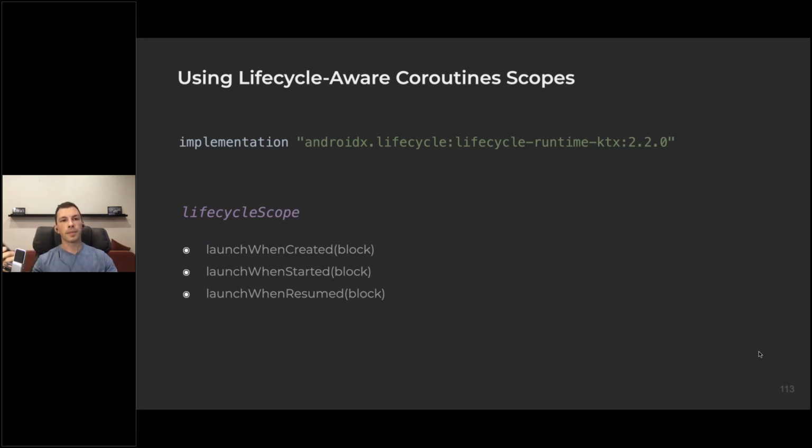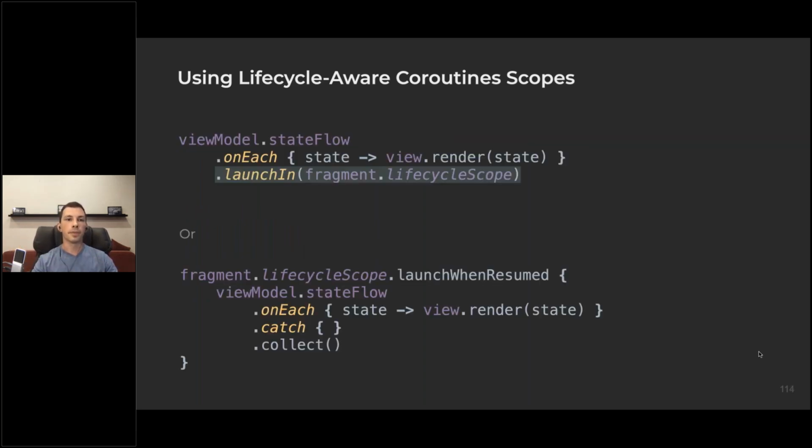So here is a dependency that we need, which provides a lifecycle coroutine scope for us for an activity or fragment. And this lifecycle scope supports three base methods for when our activity or fragment is created, started, and resumed. So how can we use it?